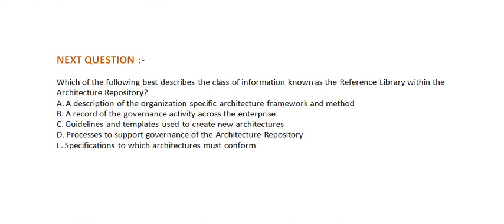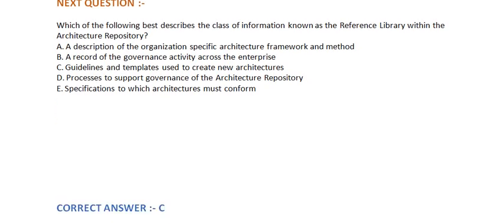Option C, guidelines and templates used to create new architectures. Option D, processes to support governance of the architecture repository. And option E, specifications to which architectures must conform. The correct answer is option C.